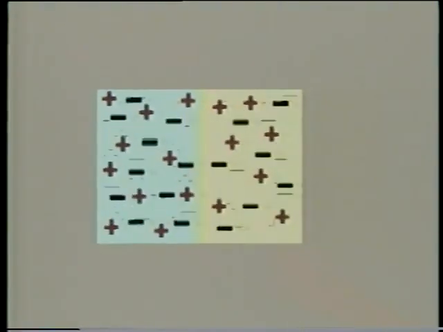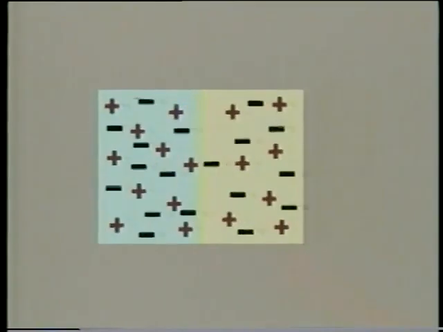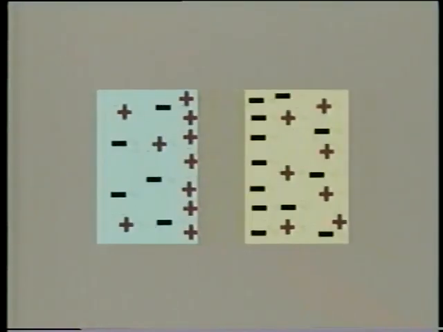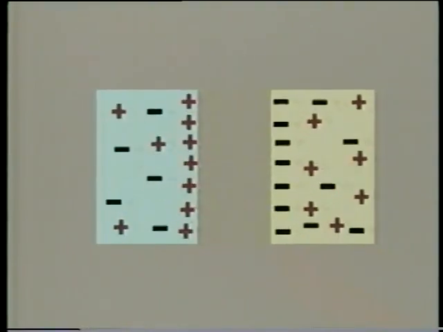Dissimilar materials contain different numbers of these electrons. When placed in contact, electrons come into equilibrium where the materials touch. To do this, some electrons have to flow from one material to the other. And since they're negatively charged, this leaves the materials with equal and opposite charges.